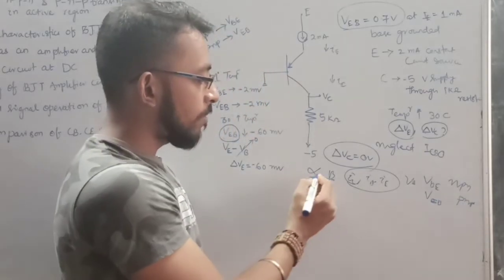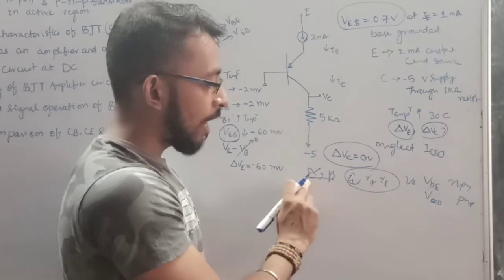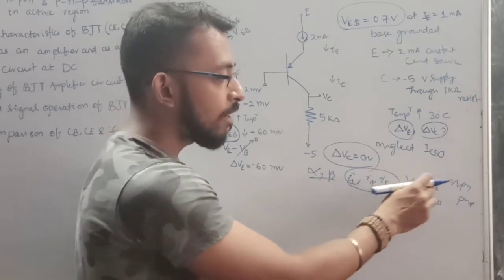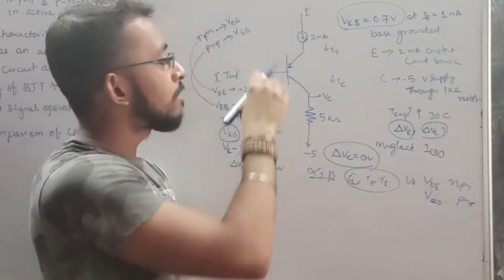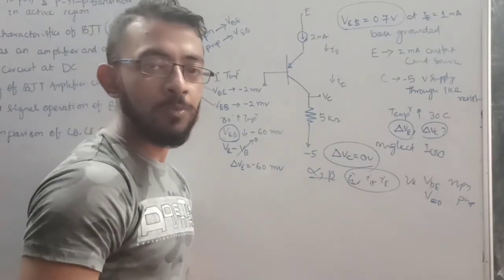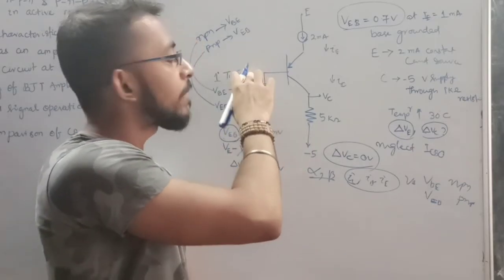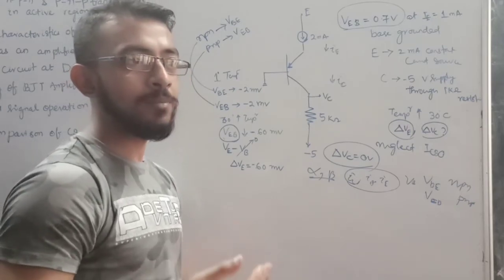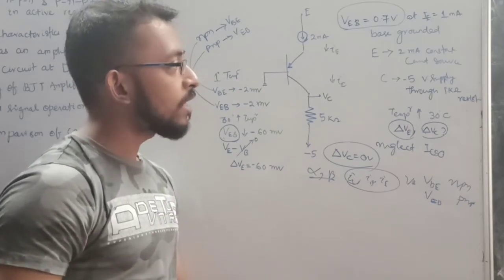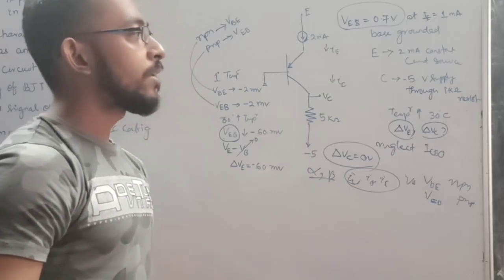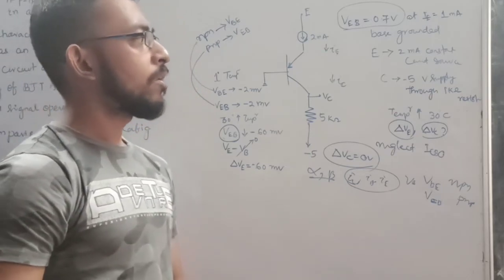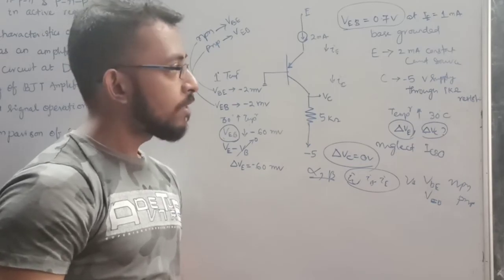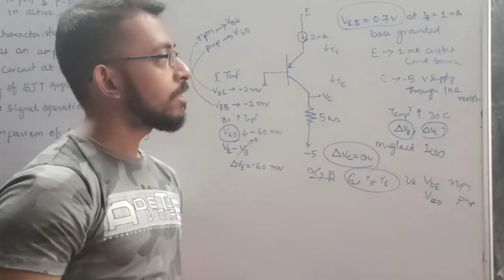Once you have an idea about these relations, alpha, beta, IC, IB, IE along with voltage, then it will become easy for you to solve any numerical. Also you have to check the temperature dependency, for which cases a rise in temperature makes the voltage diminish. Okay. In the next class we will see the early voltage, the effect of early voltage.